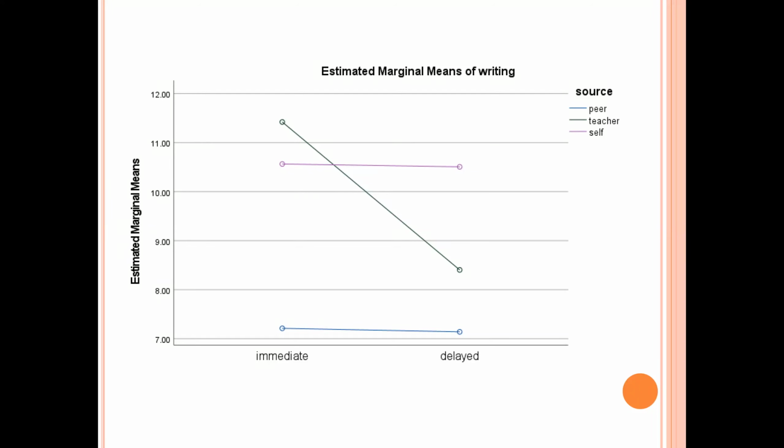However, although this was a significant interaction when you didn't have the covariate, the change in, let's say, order of the two mean differences is small enough at this point that it's no longer significant.